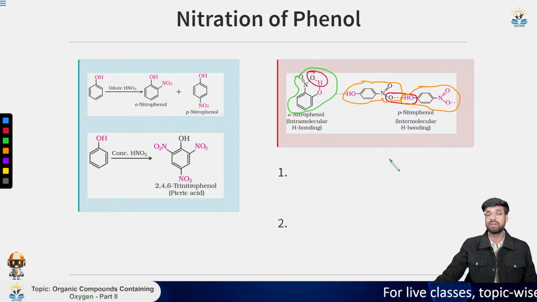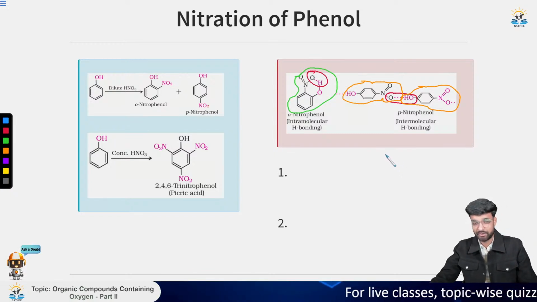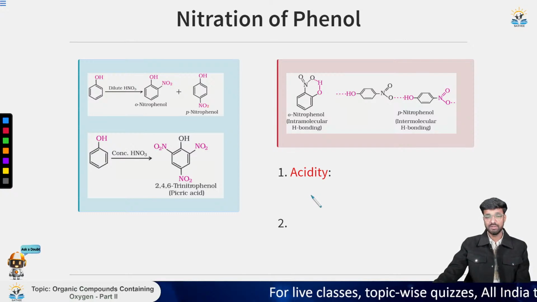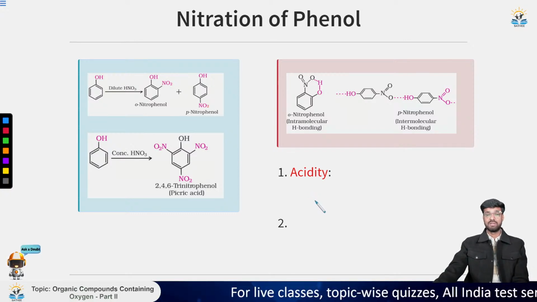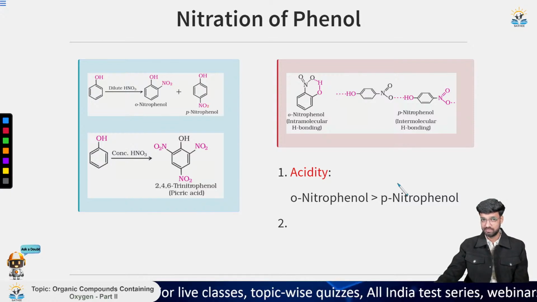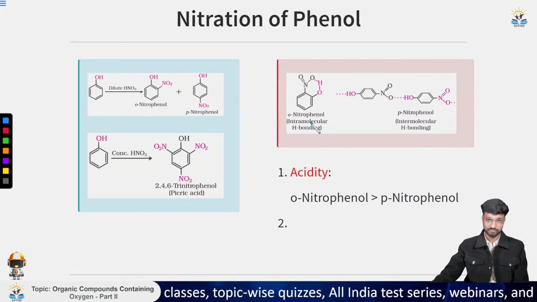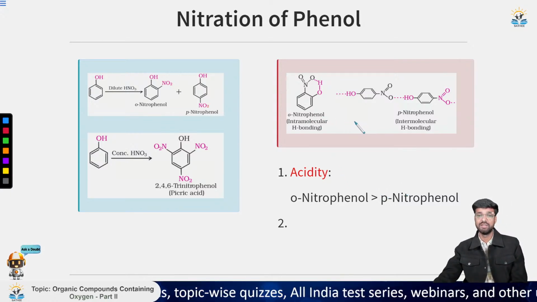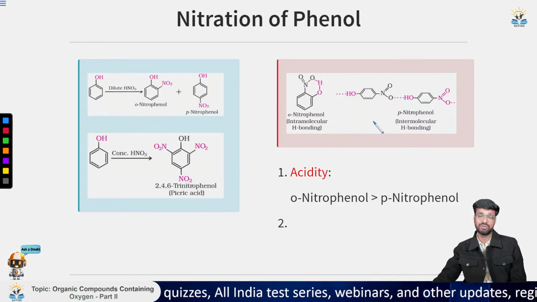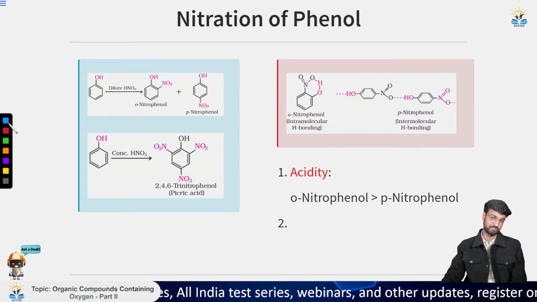Now what are the effects of this hydrogen bonding? The first effect is on acidity. The acidity of orthonitrophenol is greater than paranitrophenol. Why is it so? The reason behind it is that intermolecular hydrogen bonding is much stronger than intramolecular.